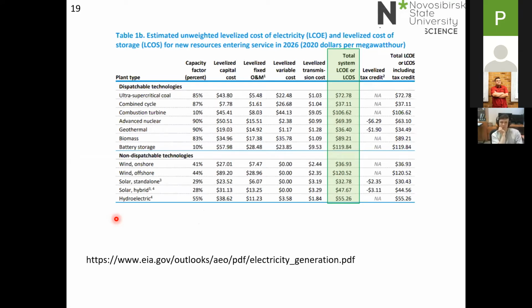This is, again, information from the US. And I'm not necessarily biased or in favor of the United States for a lot of reasons. But one of the things that you will find if you get involved with renewable energy is that they have a lot of very good information.